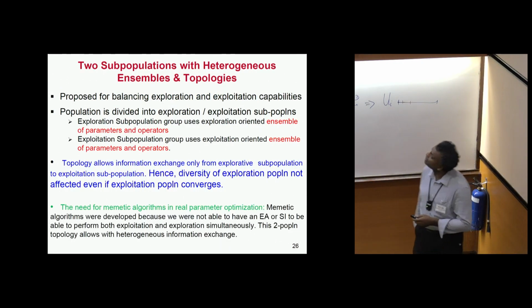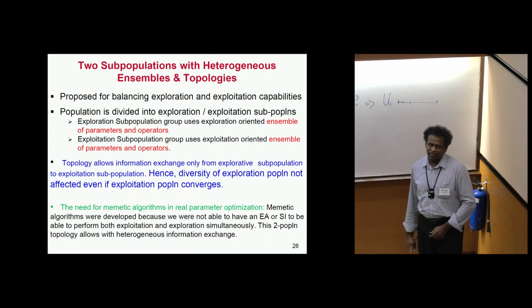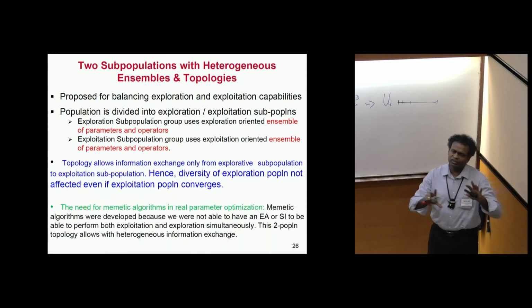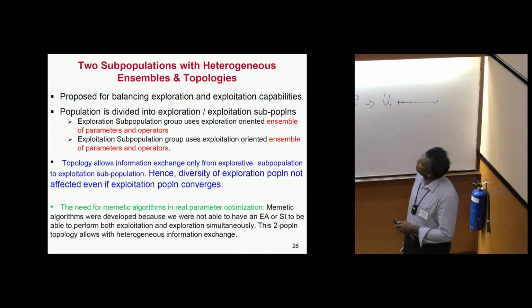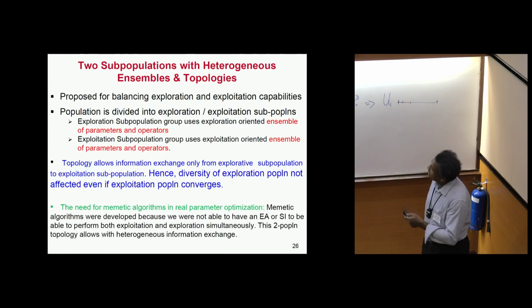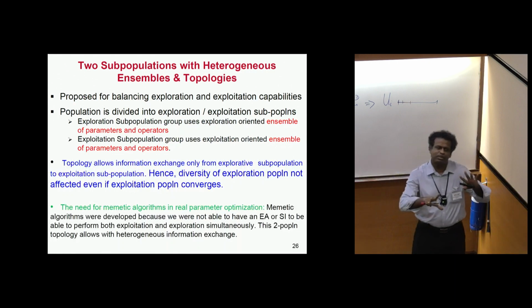So, with the adaptation and the population topologies, we have some work. One of them is two populations with heterogeneous ensemble and topologies. We developed a two population approach to illustrate the topologies and adaptation. What we did was we had two subpopulations, one subpopulation for exploration and another subpopulation for exploitation.